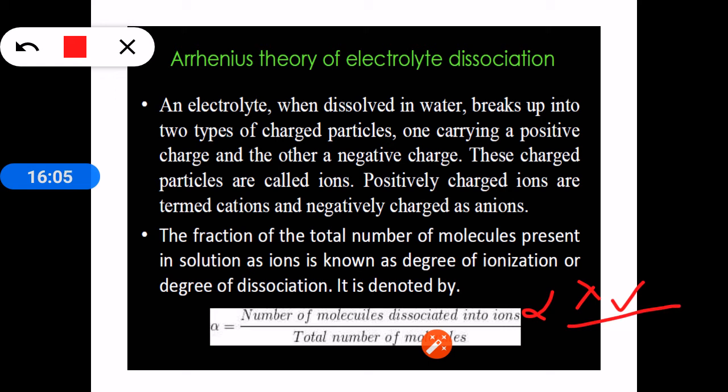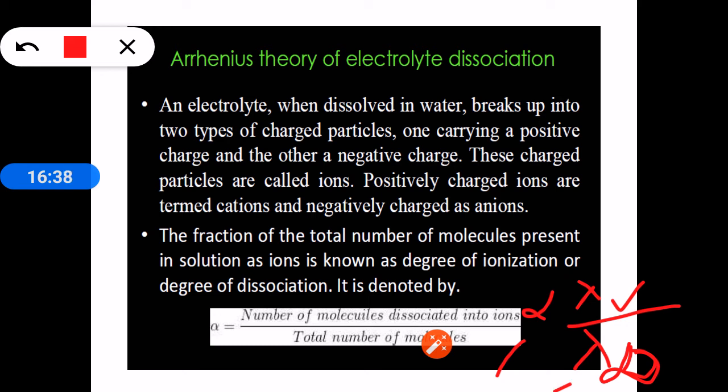The total number of molecules is proportional to lambda infinity, because at infinite dilution all the molecules are supposed to undergo ionization. So the number of ions formed will be equal to the total number of molecules present, and the conductance of that solution is lambda infinity, and the total number of molecules is proportional to the lambda infinity value.